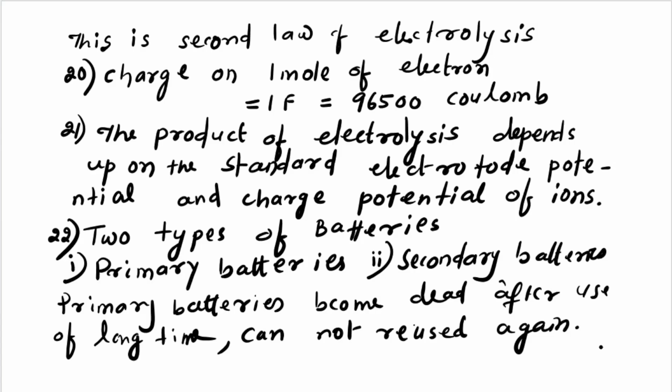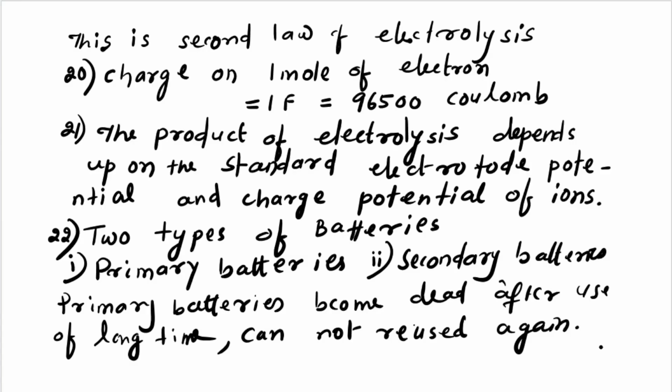And then charge and mole of electrons. For 1 mole of electrons, what is required? 1 Faraday. The charge on 1 mole of electrons is equal to 1 Faraday, that is 96500 coulombs.